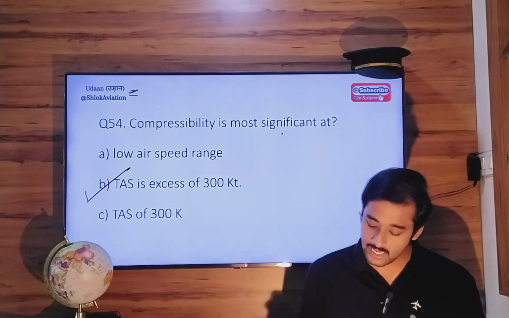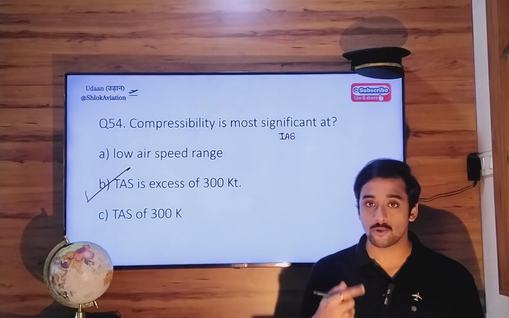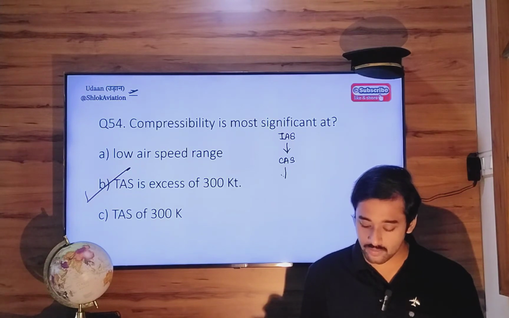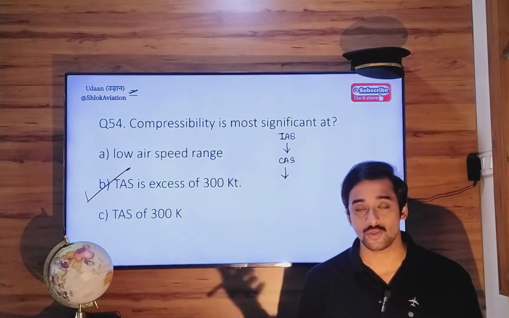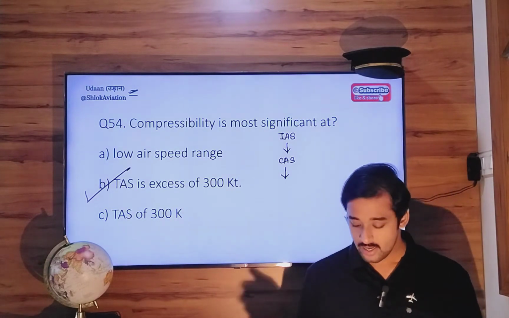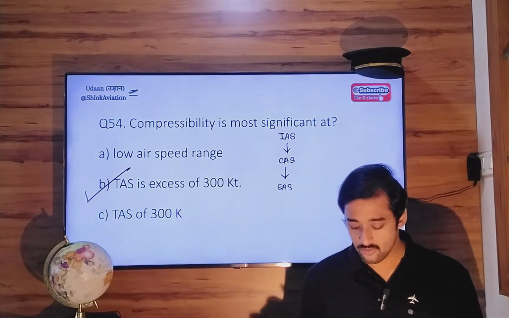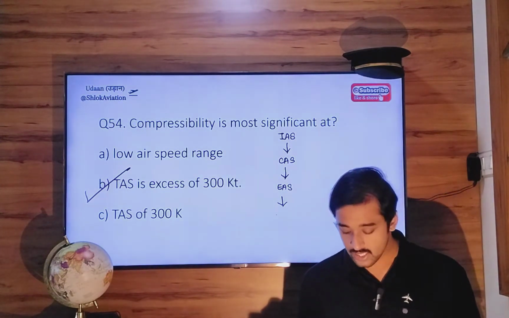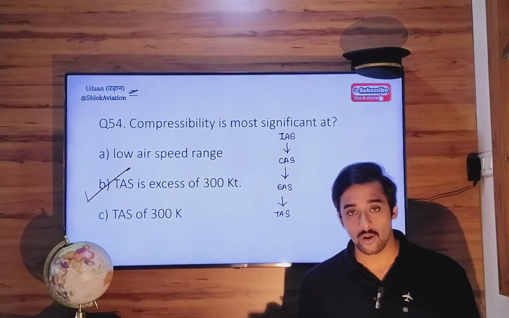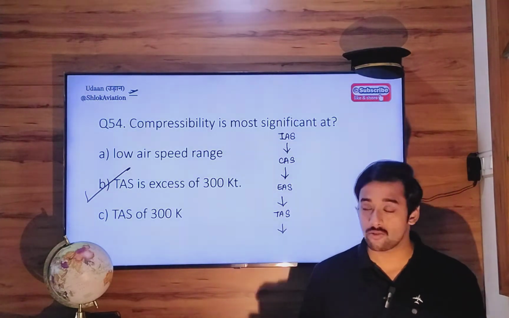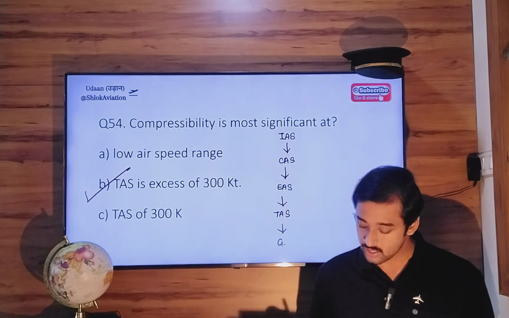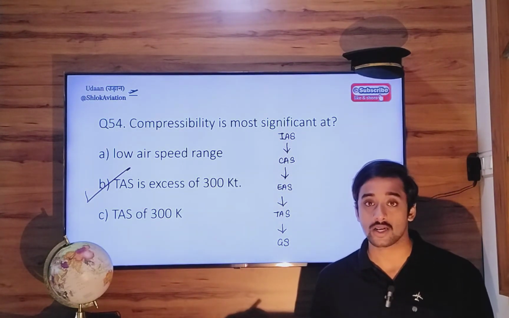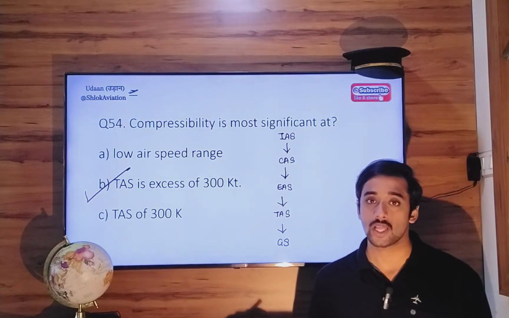We have indicated airspeed, which is corrected for position and pressure error, gives us calibrated airspeed, which when compensated for compressibility errors, which happens at very fast speeds, gives us equivalent airspeed, which when compensated for non-standard temperatures, gives us true airspeed, which when compensated for winds, headwinds or tailwinds, crosswinds, gives us ground speed, right? So compressibility is most significant at speeds in excess of 300 knots.